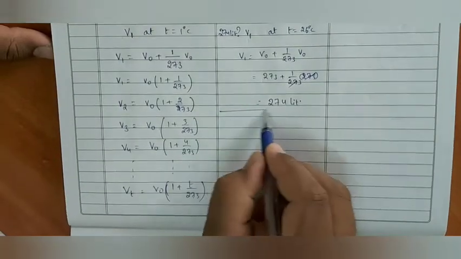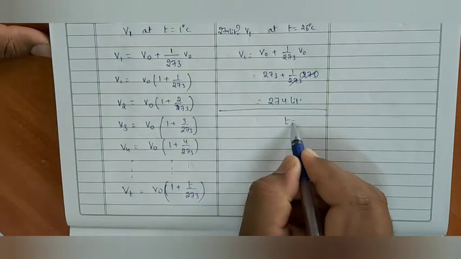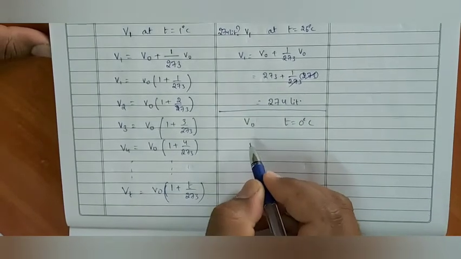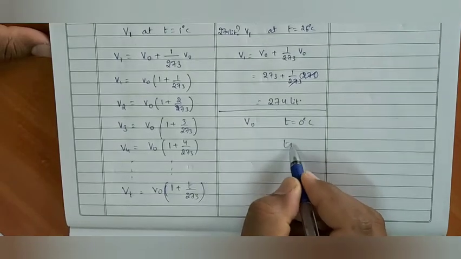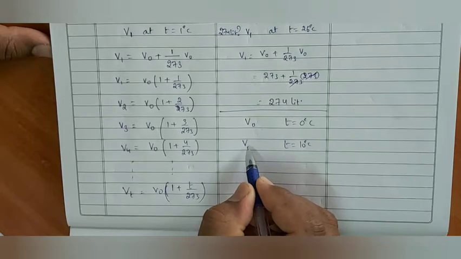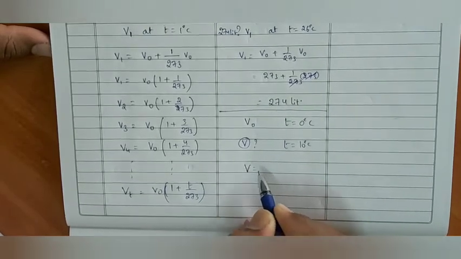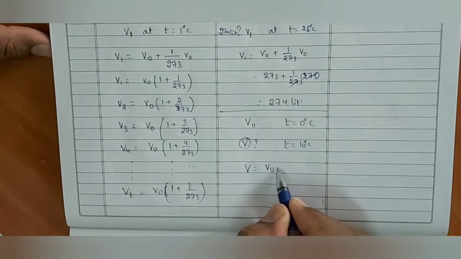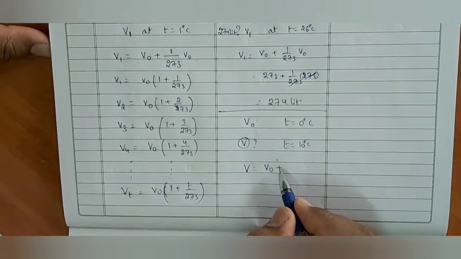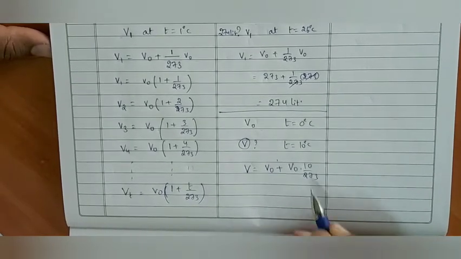For example, temperature T is equal to 0 degree centigrade. At that time volume is V naught. Temperature T is equal to 10 degree centigrade. What is the volume? V, that is the question mark. Then volume V is equal to V naught plus V naught into 10 by 273.